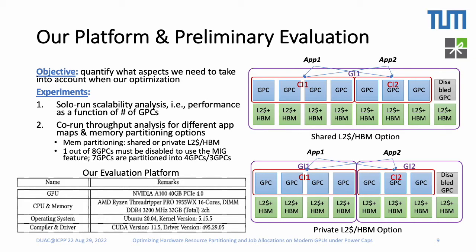And we also checked the co-scheduling throughput analysis for different application mappings and memory partitioning options. As shown in the right figure, we can have different types of memory sharing option, shared across collocated applications, or we can set up in a private way.